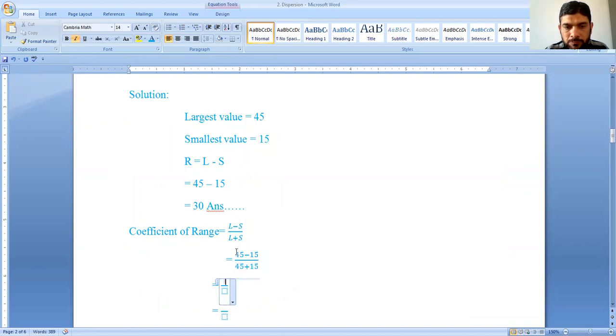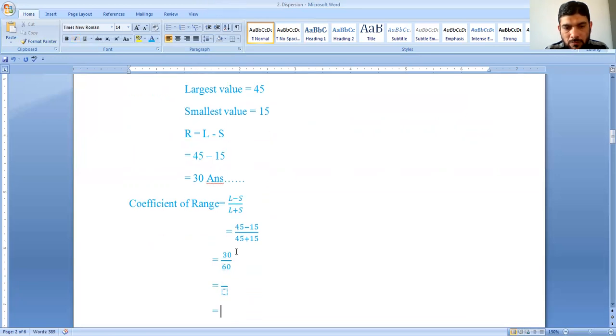It will be 30 upon 45 plus 15, that is 60. It will be 1 upon 2, or we can directly say that the answer is 0.5.